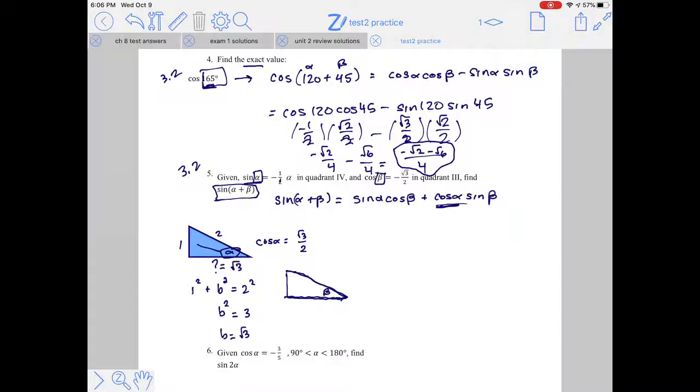And if you remember, the cosine definition is adjacent over hypotenuse. I'm looking at this ratio right here. So the adjacent length would be square root of 3. The hypotenuse would be 2. And now I have to find that opposite side because I need to find out what sine beta equals.